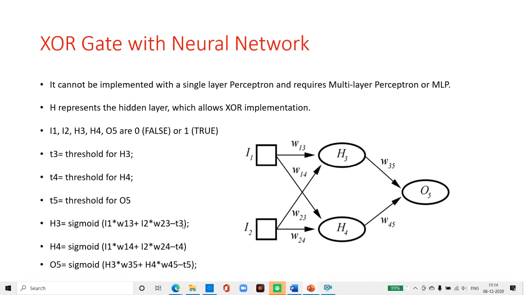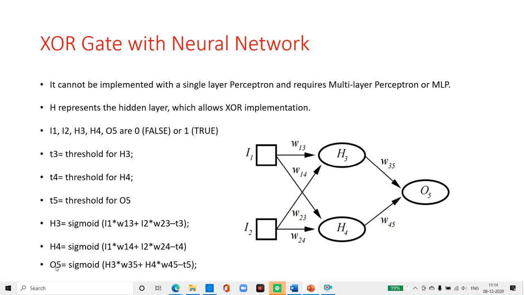Here theta is T3 for the hidden layer H3. And for H4, the hidden layer H4 equals the sigmoid function of I1 with weight W14 plus I2 with weight W24, minus the threshold value for H4, which is T4.